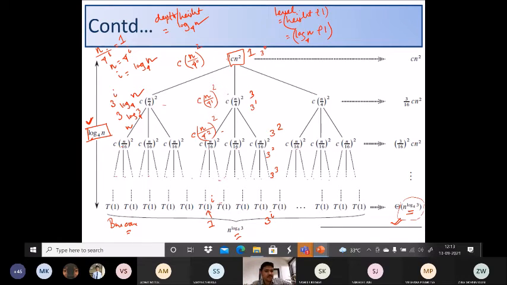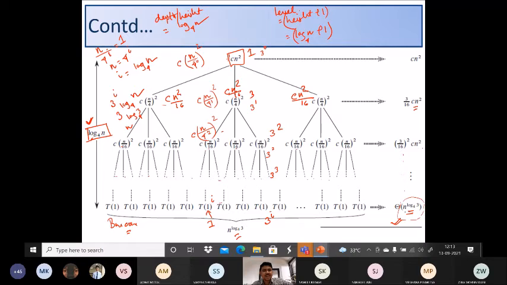In each step, I have to find out the total cost of that step. In the first step, what is the total cost? cn squared. In the second step, what is my total cost? cn squared by 16 three times, so you can write 3 by 16 cn squared. Again pattern: here you can write (3 by 16) squared cn squared.